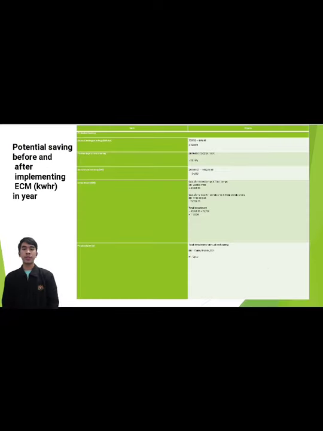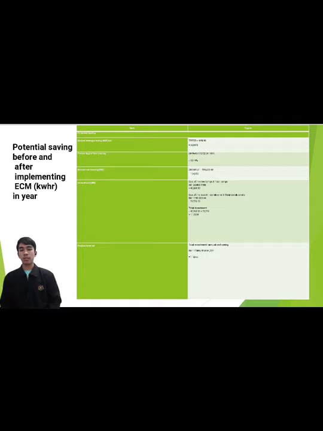The annual energy saving after implementing the ECM is 323,073 kilowatt hour, and the percentage of the energy saving is about 58%.